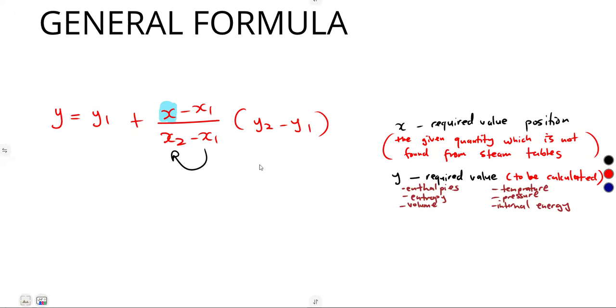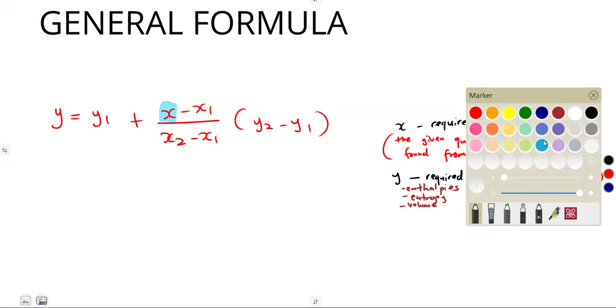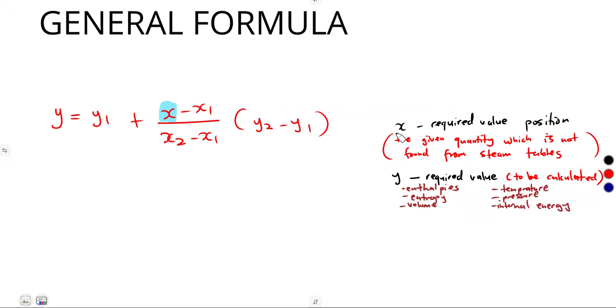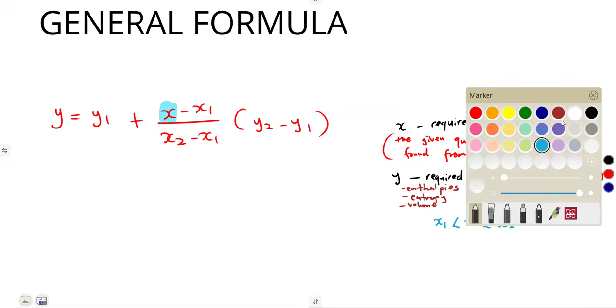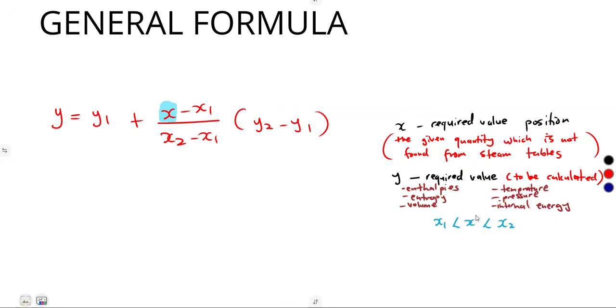They are from x. So these are the boundaries. x must be greater than x1 but less than x2. So what am I trying to say here? The x, remember, is the one that you are given, but only that we do not have it from our steam tables.